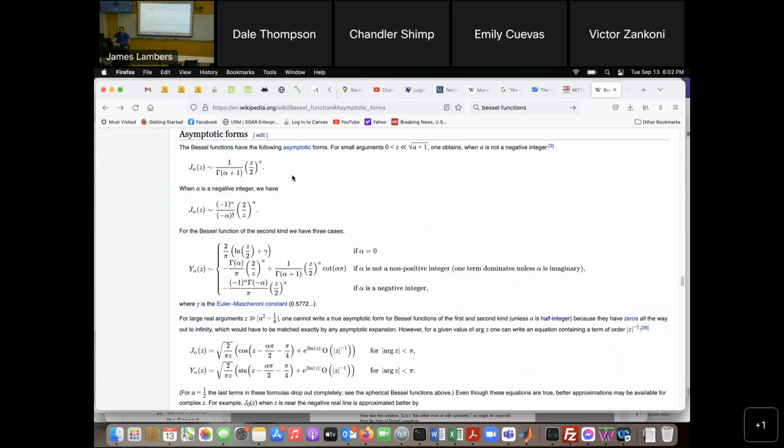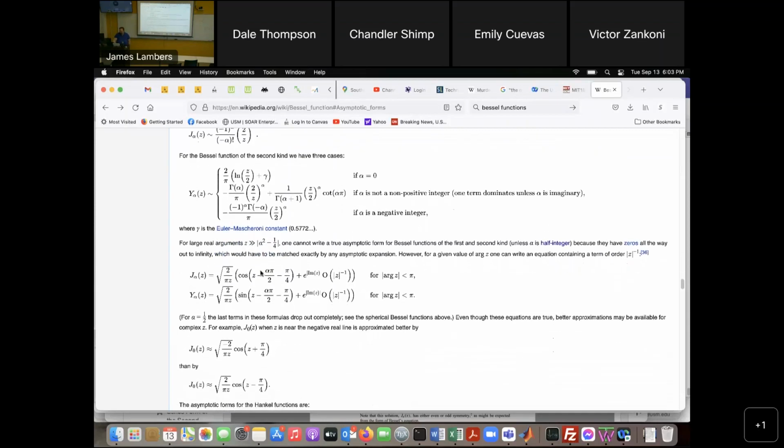So for instance, when it's small, it's like a polynomial form of a higher degree, a multiple of z to the n for whatever n is, which therefore makes sense that when z is equal to 0, J0 will be 1, all others will be 0. And then for large arguments, sure enough, it behaves like a cosine. And the role of your index, the alpha here, n in the notes, is a shift.